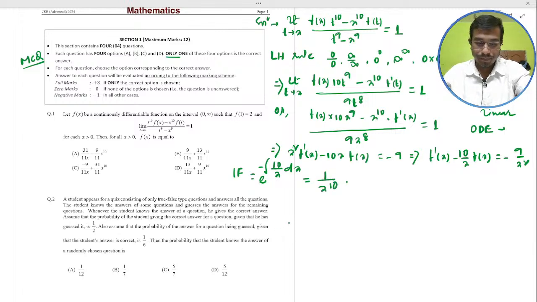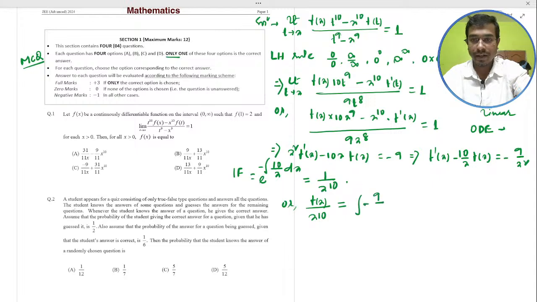Okay. Now solve. Simple. Or f(x) by x^10 is equal to integration of minus 9 by x^2 into 1 by x^10, into the integrating factor, into dx. Okay.